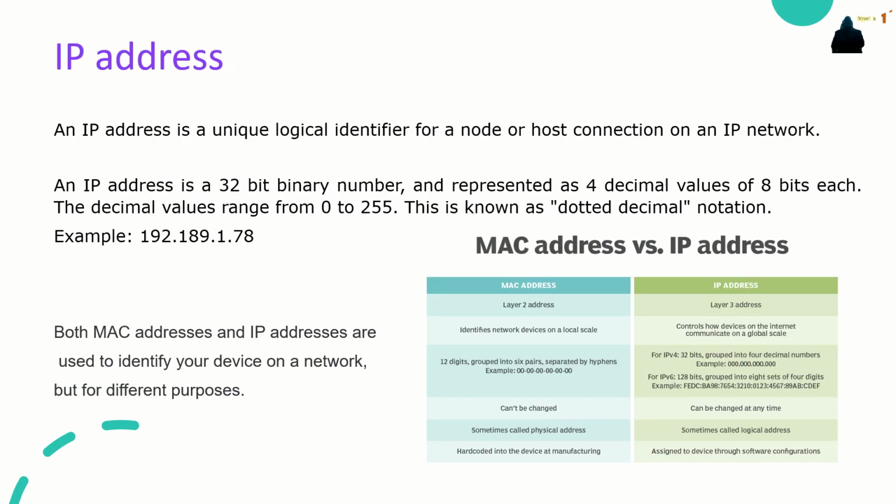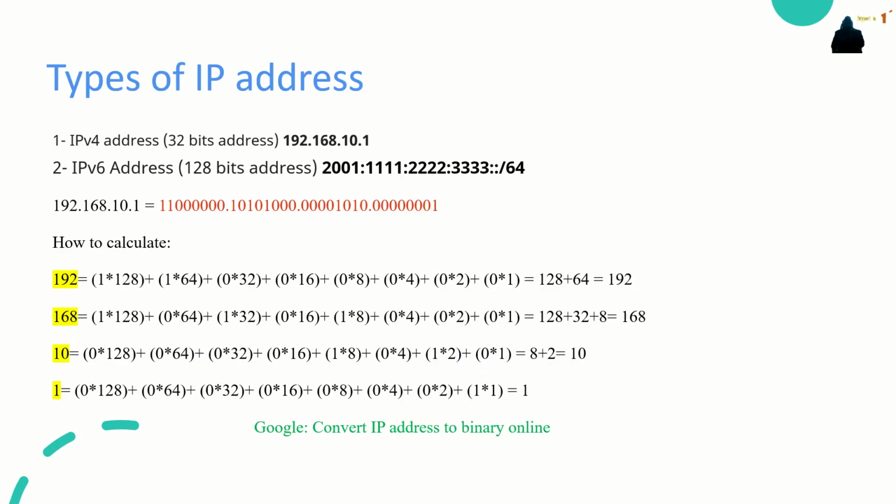Also, we have types of IP address: IP version 4 and IP version 6. IP version 4 is 32 bits, like this one, 192.168.10.1.